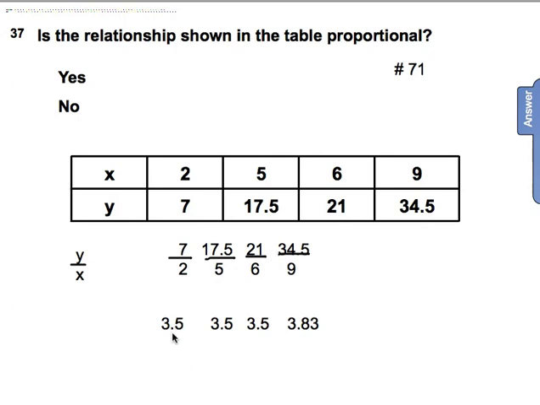When we divide them, we get 3.5, 3.5, 3.5, but then we get 3.83, and that's why you need to test all of them. So since all the unit rates are not the same, the relationship is not proportional.